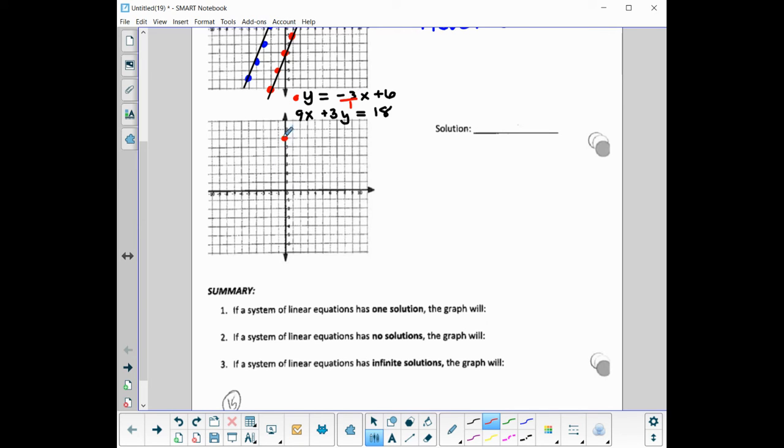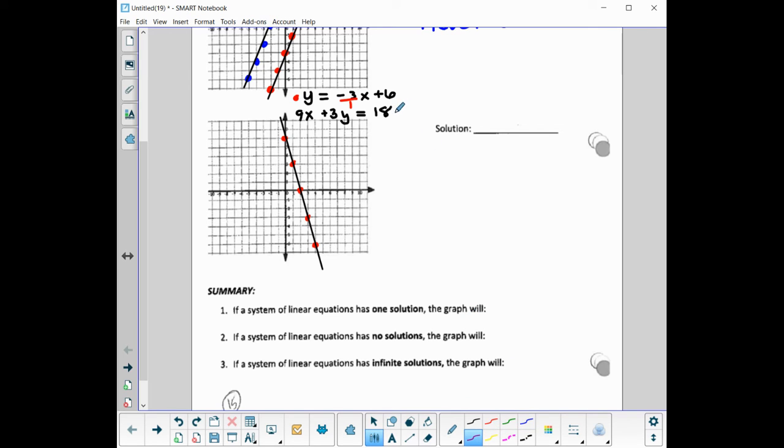So that means instead of going up 3 and over 1, since it's negative, I'm going to go down 3 to the right 1. Down 3 over 1, down 3 over 1. And so I can't work backwards at all, it won't fit. So that's my line.